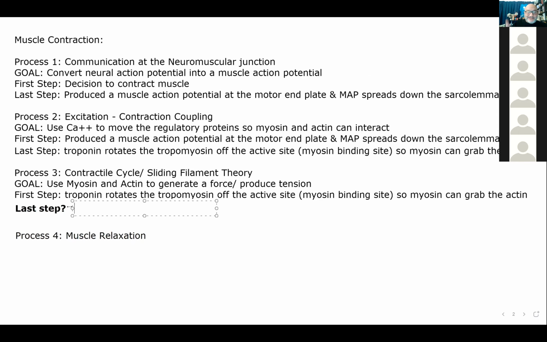Since it's a repeating cycle, there's no last sit-up. Because it just continues around and around and around until, then you guys are also correct, until we get to the muscle relaxation. So remember, as we talked about, I can sneak it in down here.